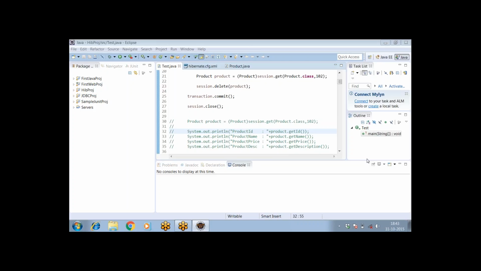So where did we stop? Yeah. So I guess we were talking about the organization.